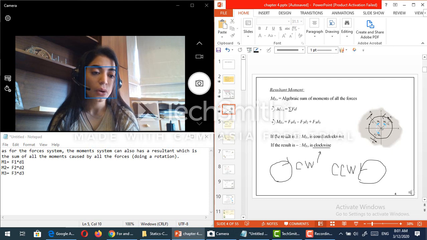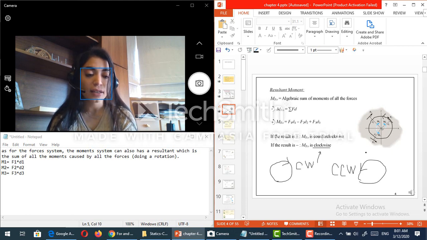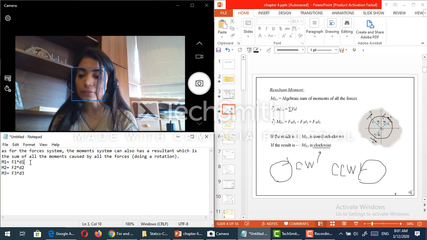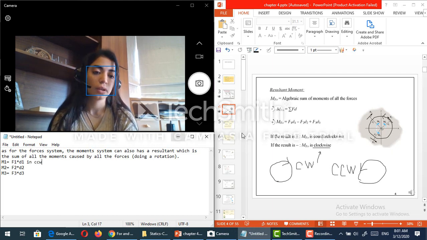So what do you think? What is the direction of this circle of rotation? As you can see guys, F1 has the direction of counterclockwise. Did you see the direction here? Which means that F1 is in counterclockwise direction. Now what about F2?